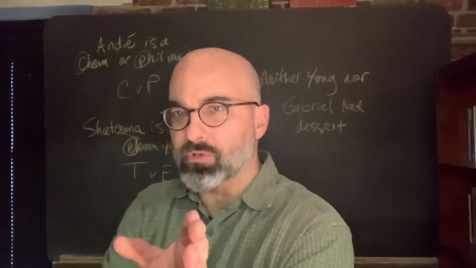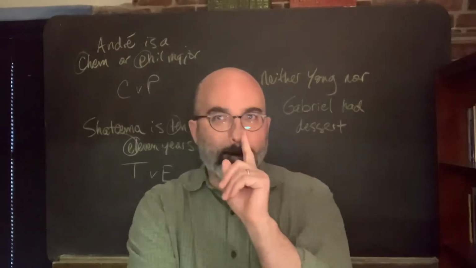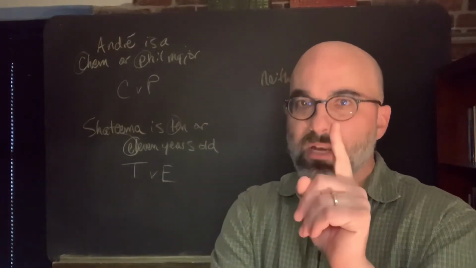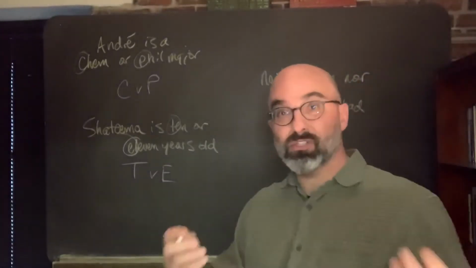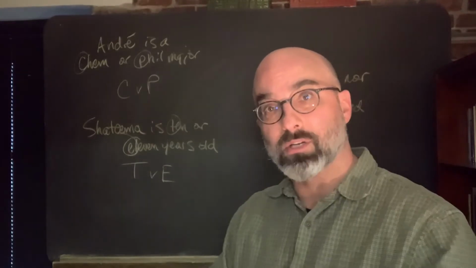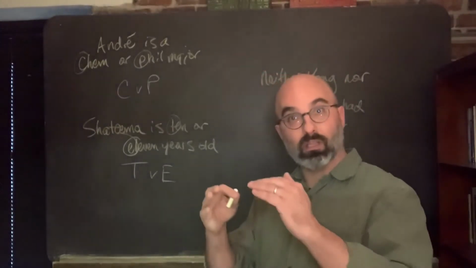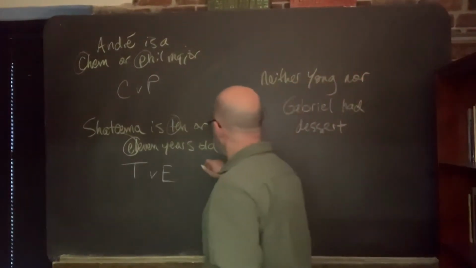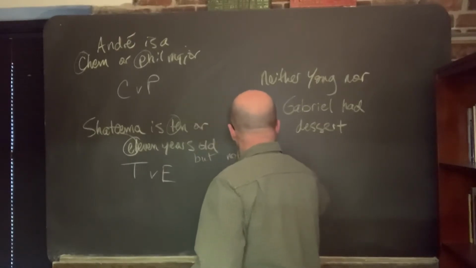Now, here's the crucial thing. But not both. She's 10 or 11, but not both 10 and 11, can be represented. How? Well, it turns out that the words we just said, but not both, are all truth functional connectives. Let's show them.